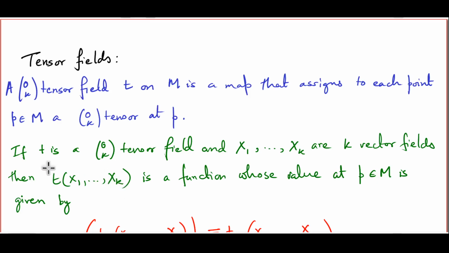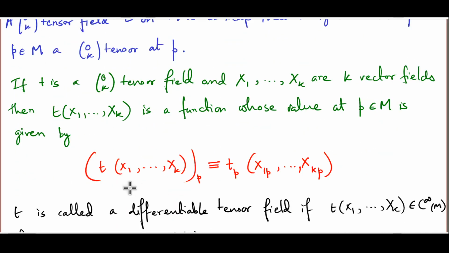So what we need to do to define this is, of course, specify exactly what the value of this quantity T of X1, X2, Xk is at a point P, and the definition that we use here is the standard obvious definition.